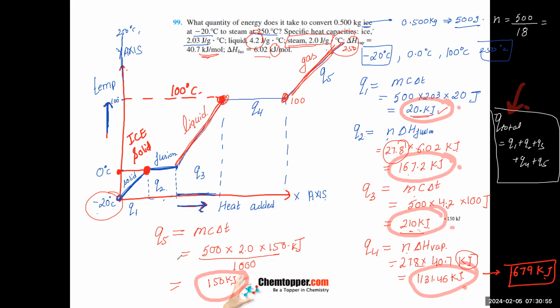How much heat? What's the answer then? Just Q2 plus Q3, correct? You're going to add Q2 and then you're going to add Q3. So from 0 to 100.